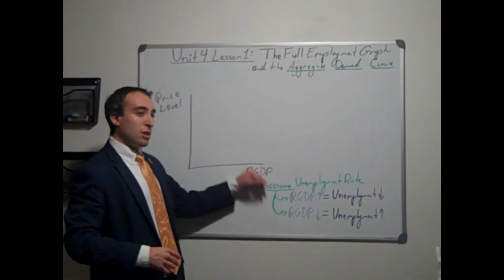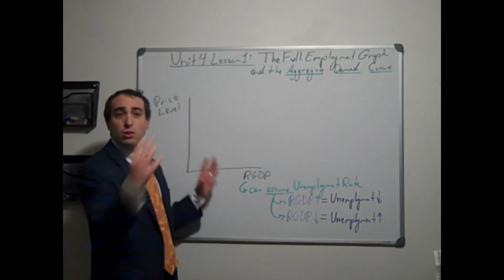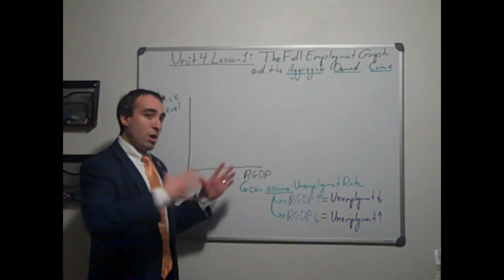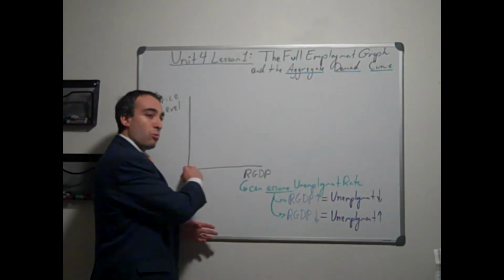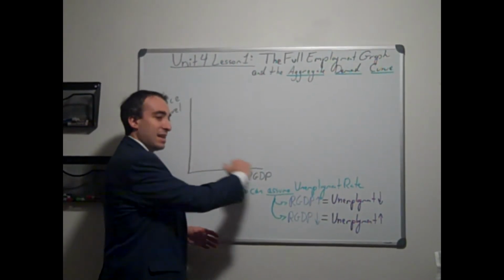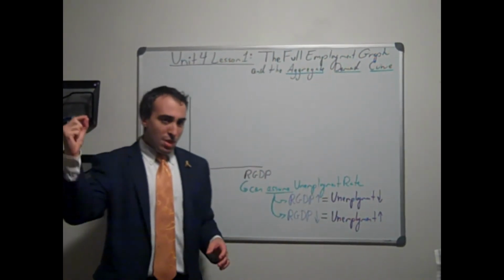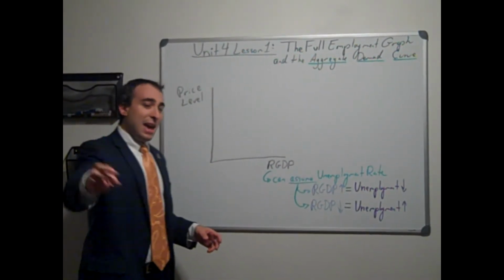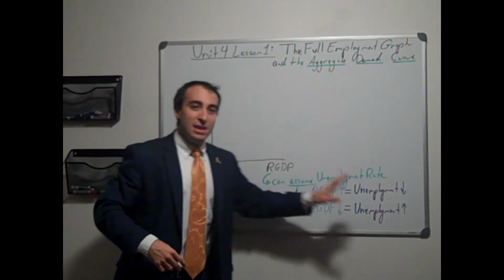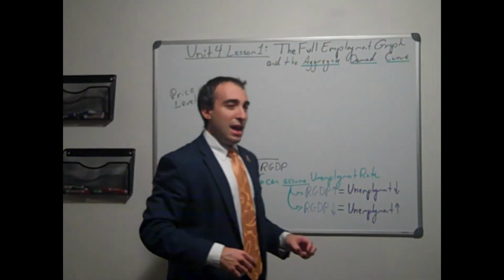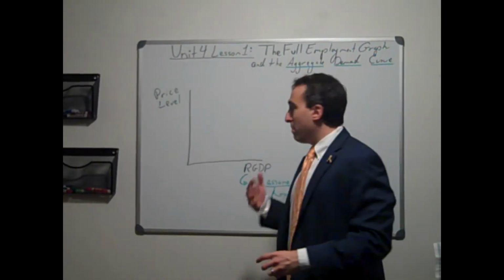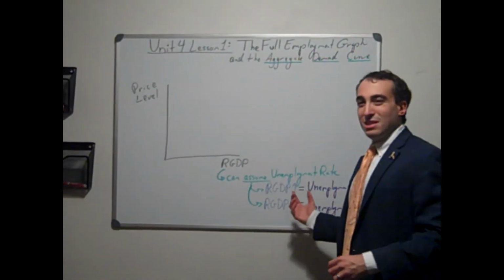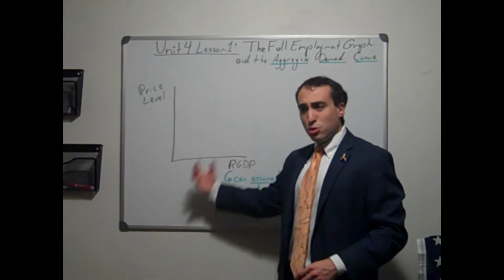And real GDP is going to be our baseline, as we saw in Unit 3, which is why it is our x-axis. So our full employment graph, despite having only 2 axes, has all 3 indicators. And sometimes the AP test will make you make those assumptions and connect the dots between them.